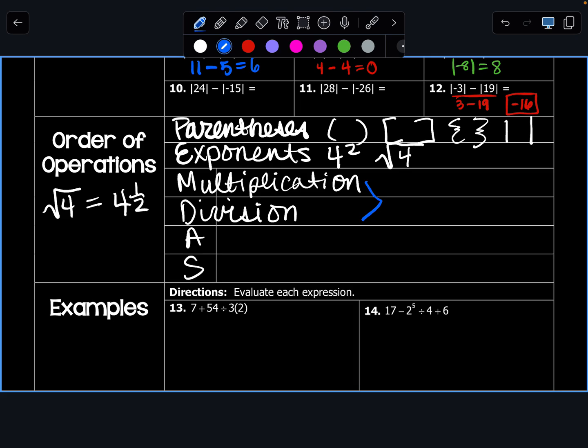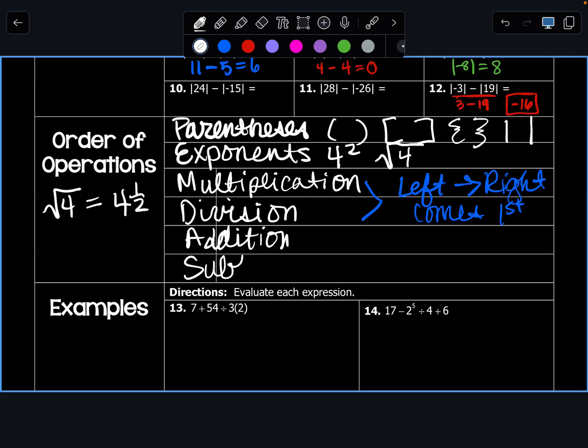First in order from left to right. So we put left to right, whichever comes first. And then A and S are addition and subtraction.